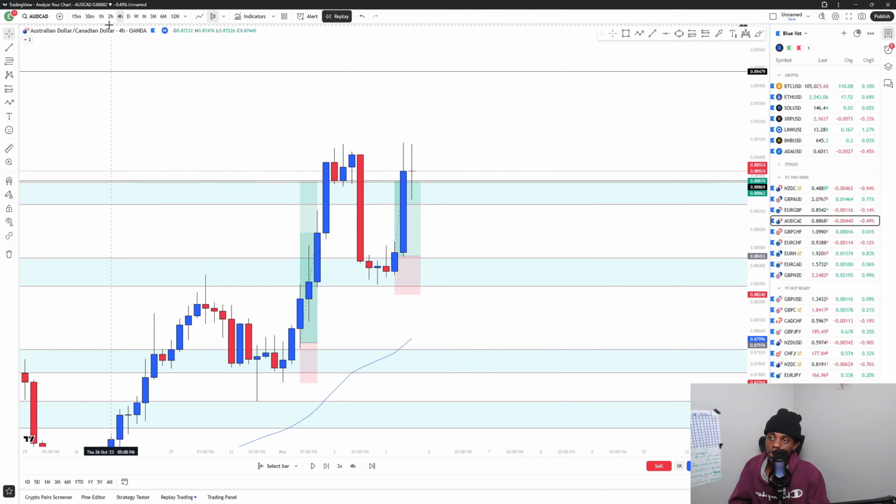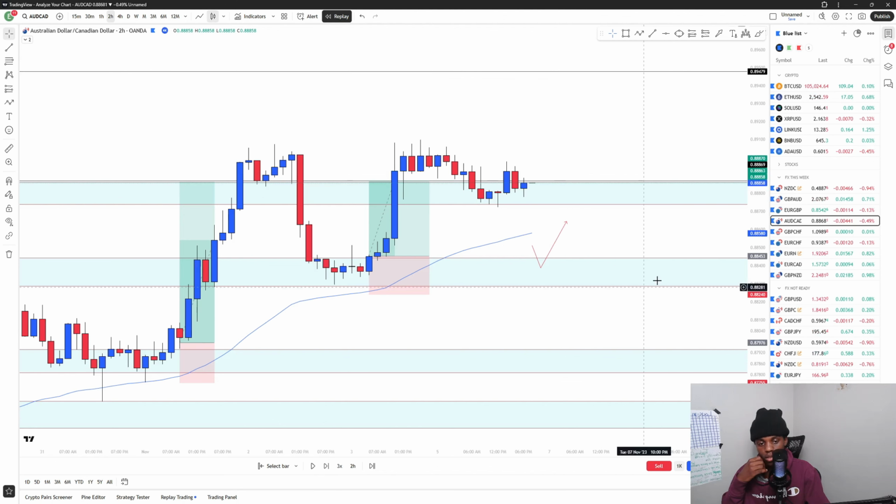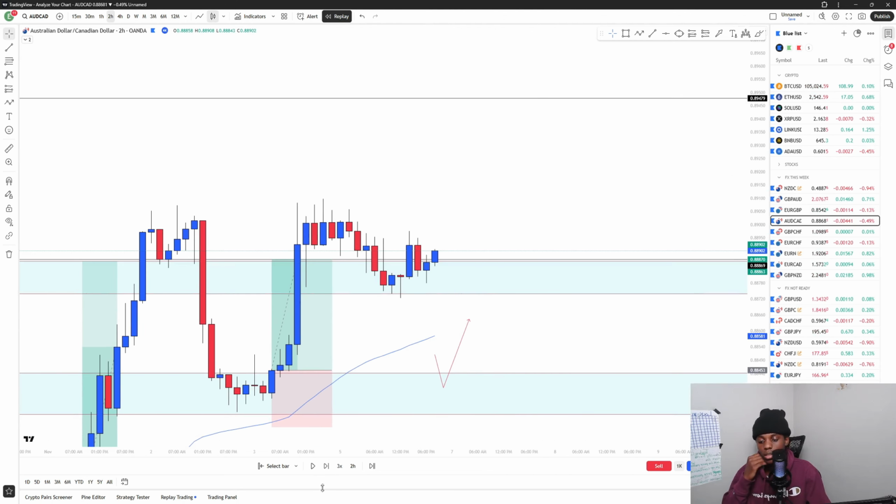Okay, now let's just unpause. Again, I'm waiting for price to pull back to this zone because I don't like the first one. Okay, looks like it might not pull back. Okay, never mind. We just pulled back.